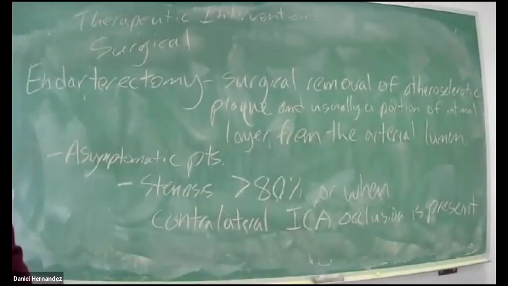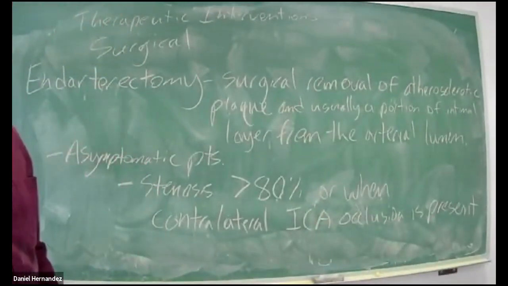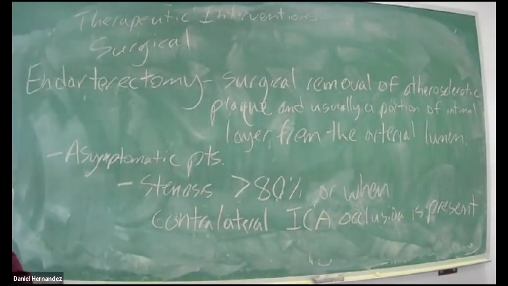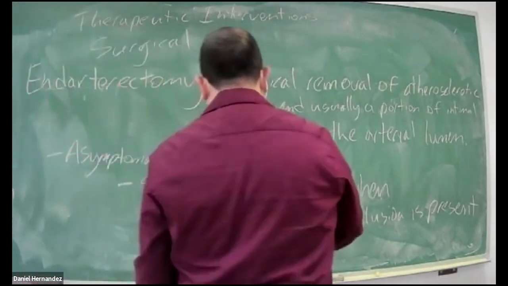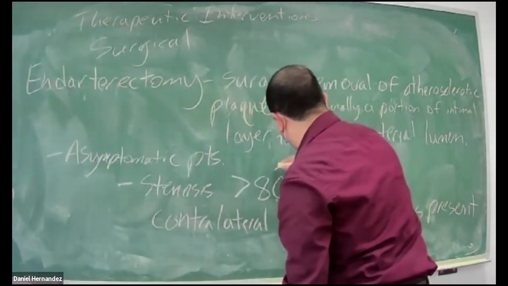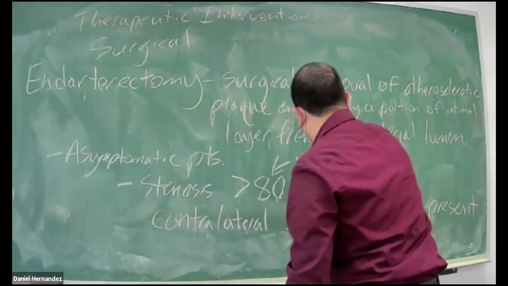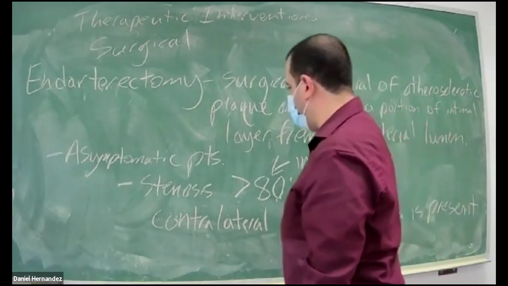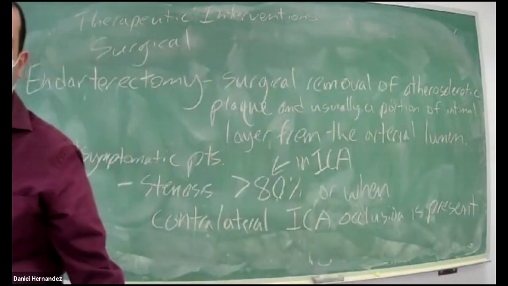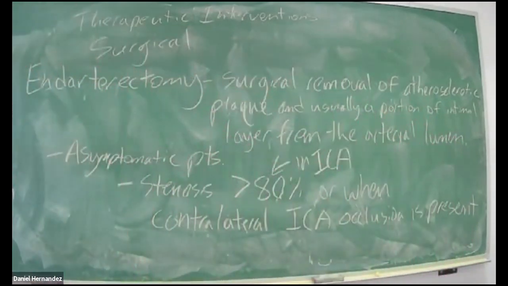So the patient's asymptomatic. They usually won't do a surgical intervention until there's at least an 80% or greater stenosis in the ICA. When we're talking about stenosis, these percentages, it's all ICA. That's what we really care about.